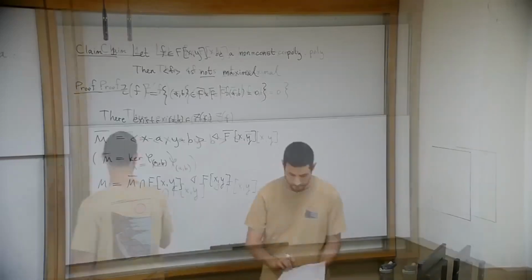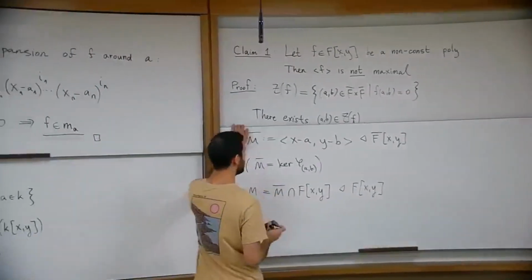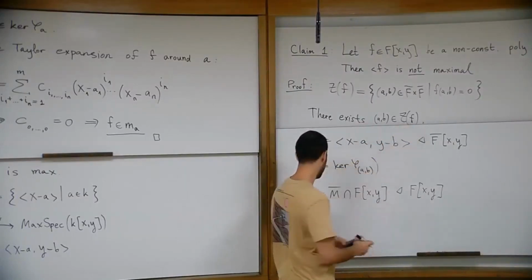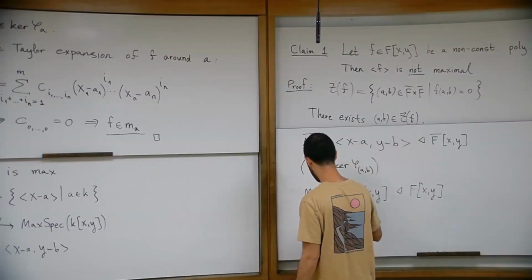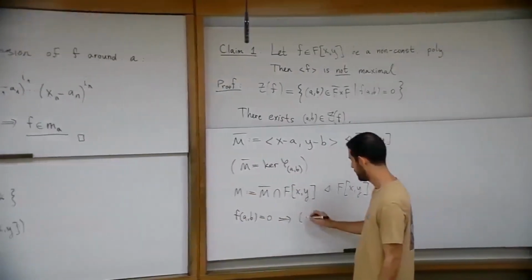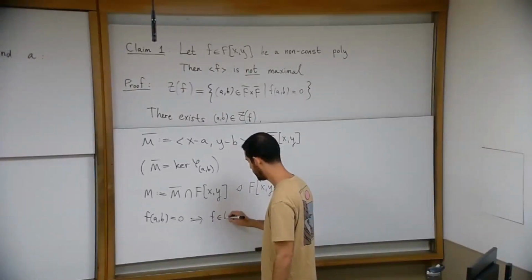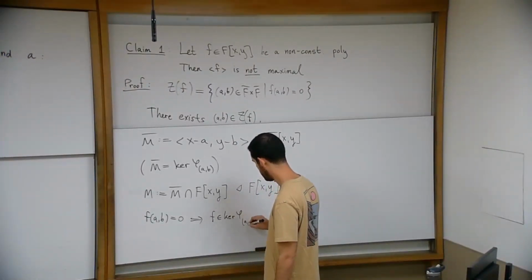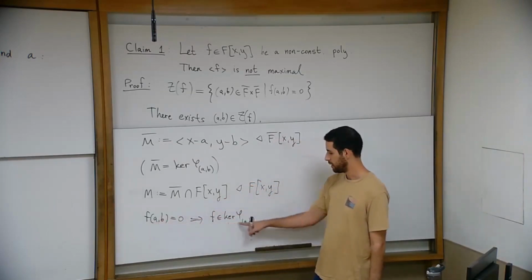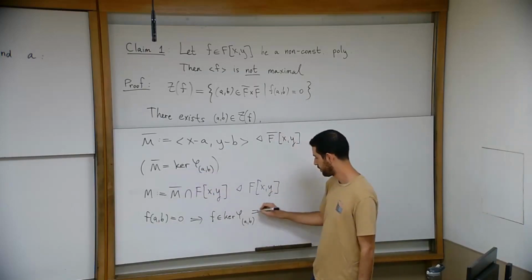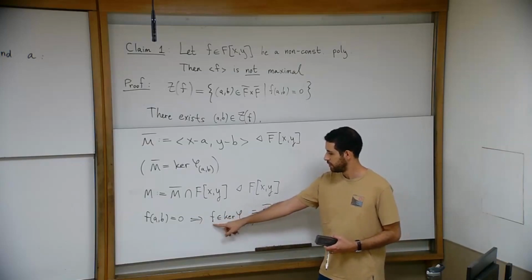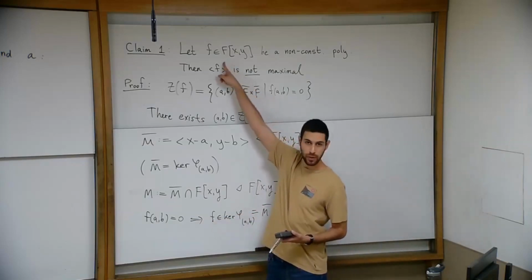And what can we say? What is F? (a, b) is a point on the curve that is defined by F, that is, F(a, b) is 0. So in other words, the function F belongs to the kernel of phi of (a, b). When we substitute (a, b), we get 0. But the kernel is exactly M bar. But F not only belongs to M bar, it also belongs to F[x,y].